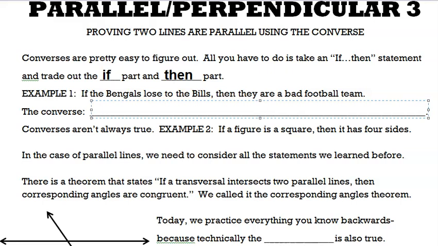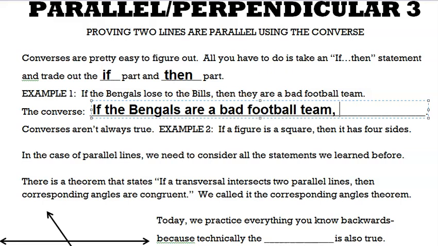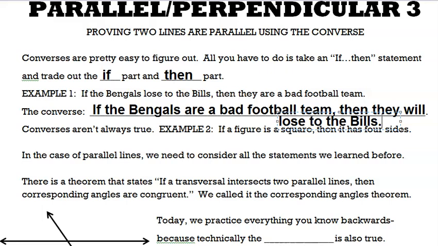So you would then say, if the Bengals are a bad football team, then they will lose to the Bills. Now, I don't know if that statement is actually true. Buffalo's 2-0 this year. I guess you never know. But that's the idea. You take the if part and the then part, and you switch them up.